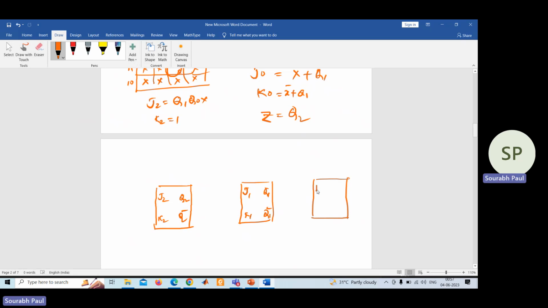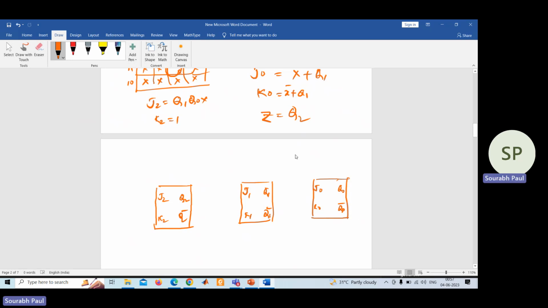Then you have J0 K0, Q0 bar, and Q0, and here it should be bar.